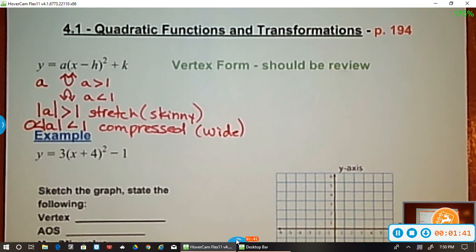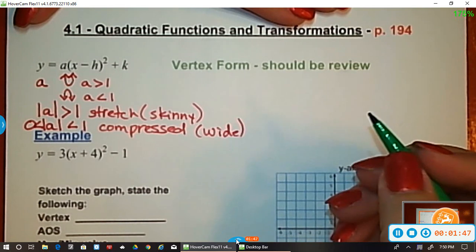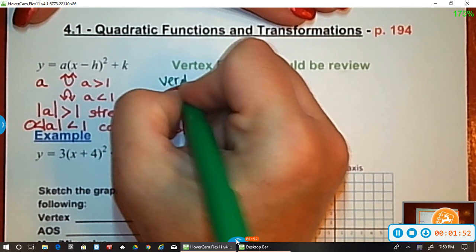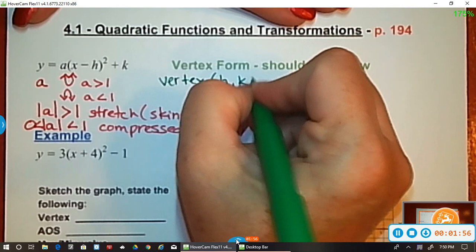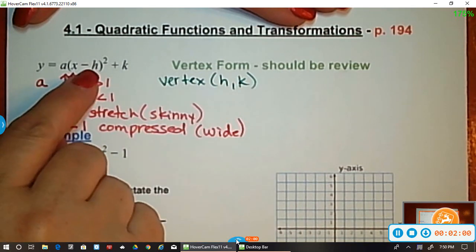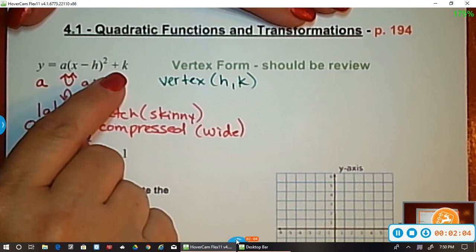The other thing that we should be able to get from vertex form is what the vertex is. And remember, that's the turnaround point of this parabola. So your vertex is h, comma, k. And see, this is a positive h, so we're taking the opposite of the sign inside, the same as the sign outside.